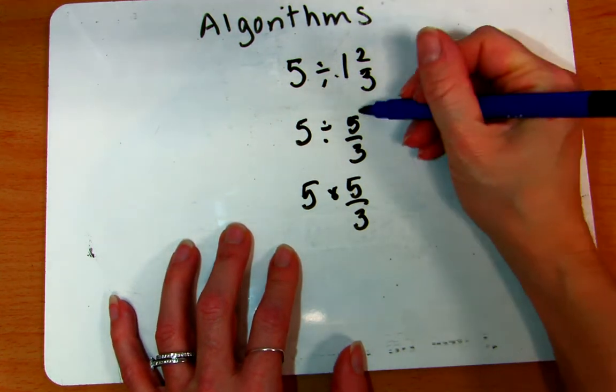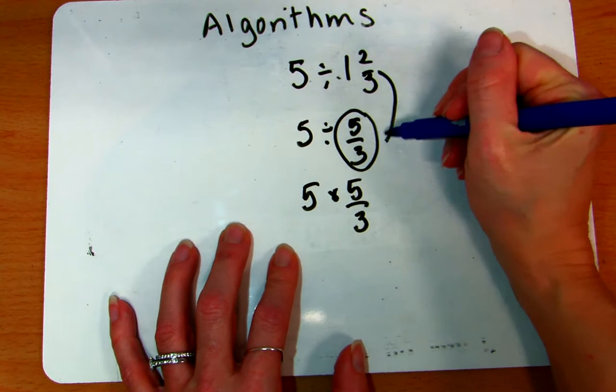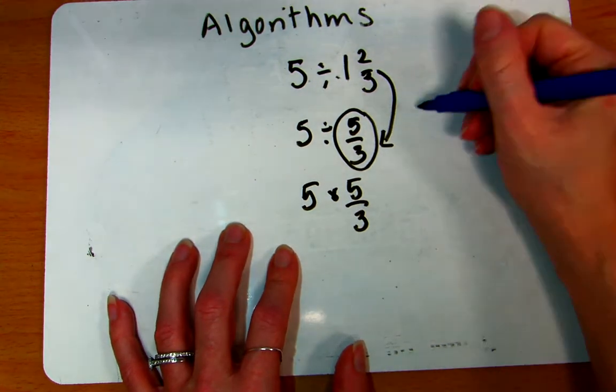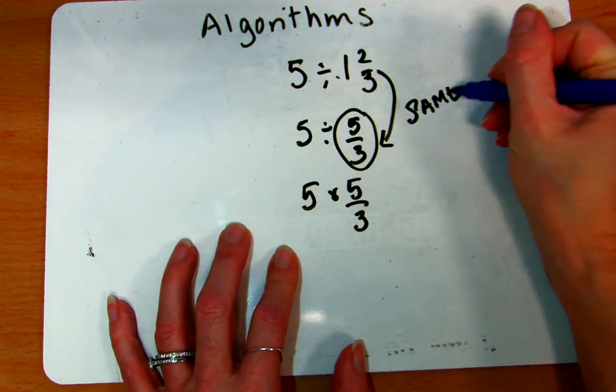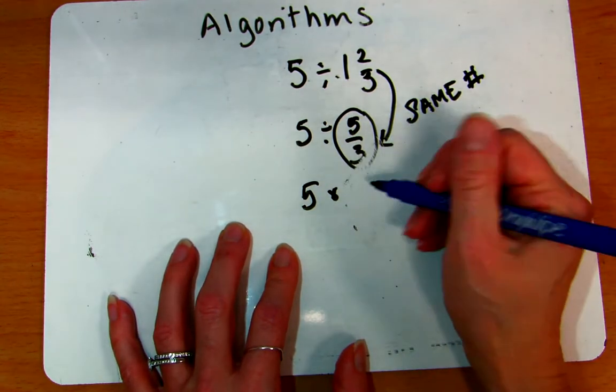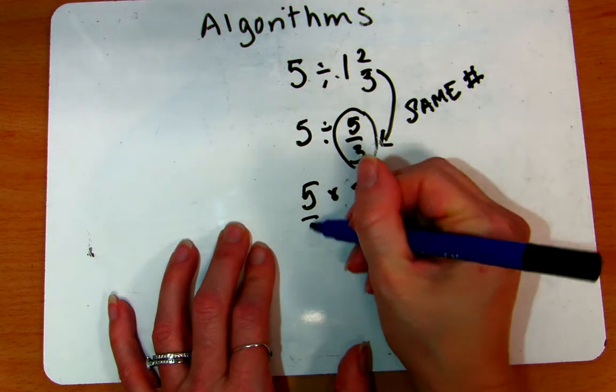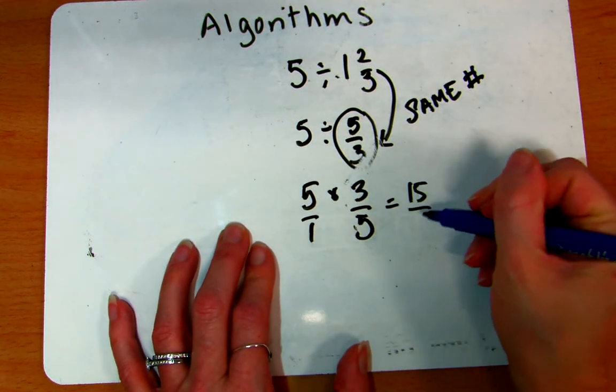No, you have not flipped it. All you have done is changed 1 2/3 to 5/3. This is the same number. You still have to go ahead and flip 5/3 to 3/5 if you're multiplying. So 5/1, we get 15/5, or 3.